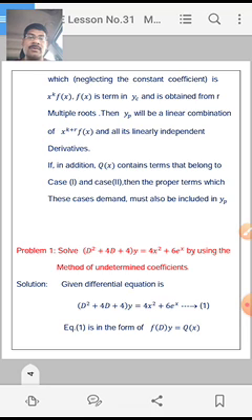If in addition q(x) contains terms that belong to case 1 and case 2, then the proper terms which this case demands must also be included in yp.